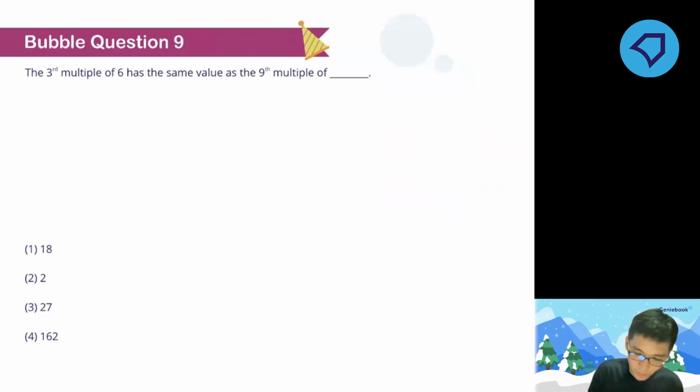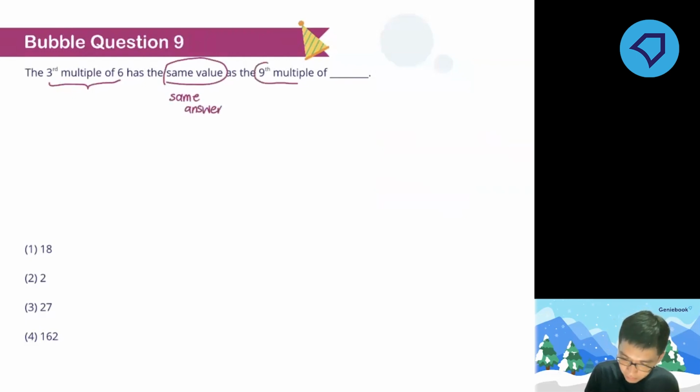Okay, so find out what's the third multiple of 6. And when it says same value, means same answer as the ninth multiple of blank. Okay, great job. All right, so let's take a look at the answer for this.